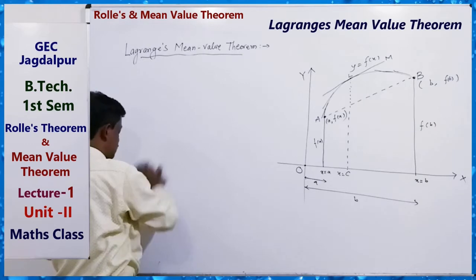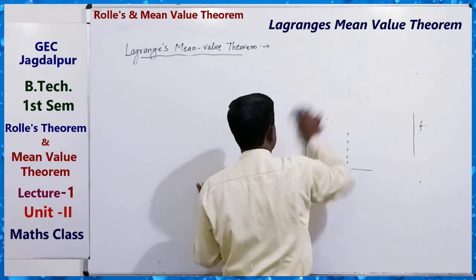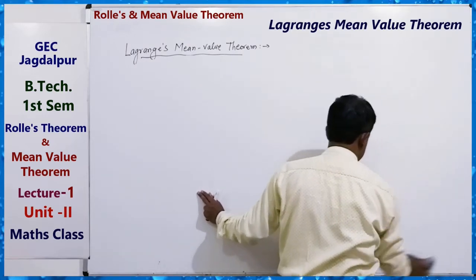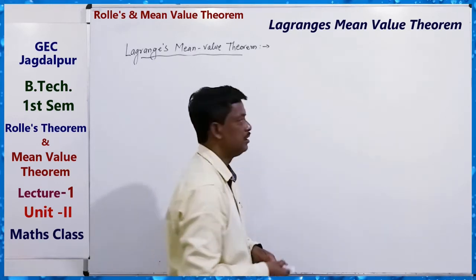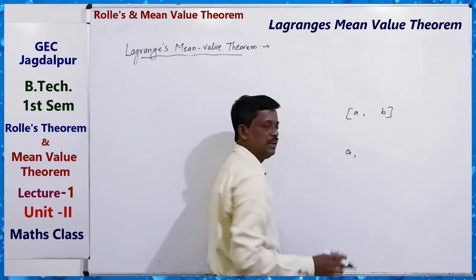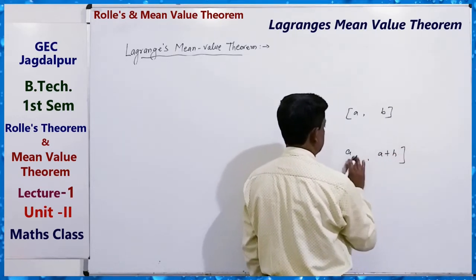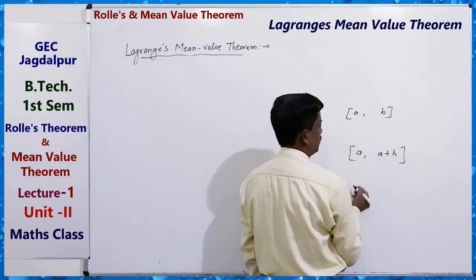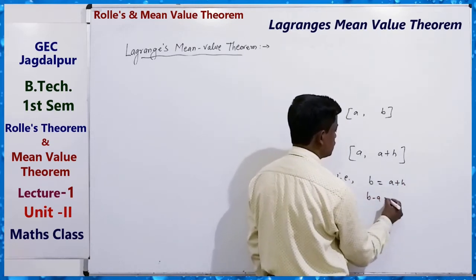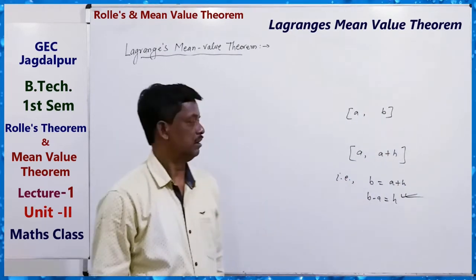Then we can also state Lagrange's mean value theorem as follows. Suppose the interval is AB, where the first value is A and the interval length is H. So B equals A plus H, that is B minus A equals H. H is the length of the interval.